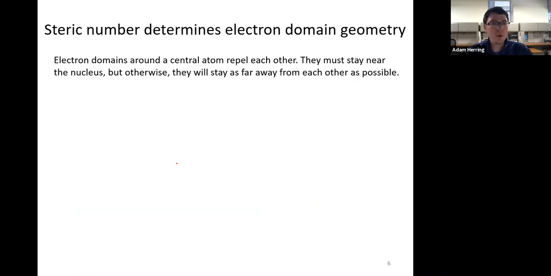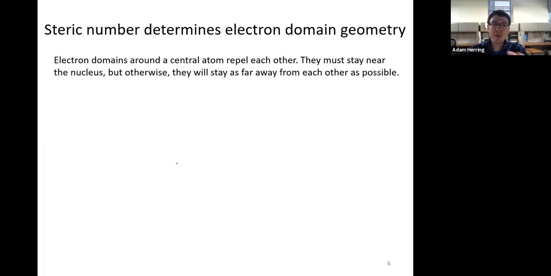So the steric number, or the number of electron domains, is going to determine what we call the electron domain geometry. As the name suggests, this is the geometry, the physical arrangement of the atoms with respect to each other. And again, we're going to get the geometries that best minimize the repulsion between the electrons.